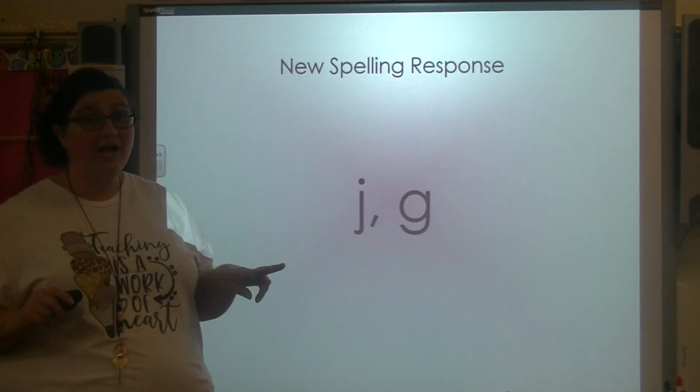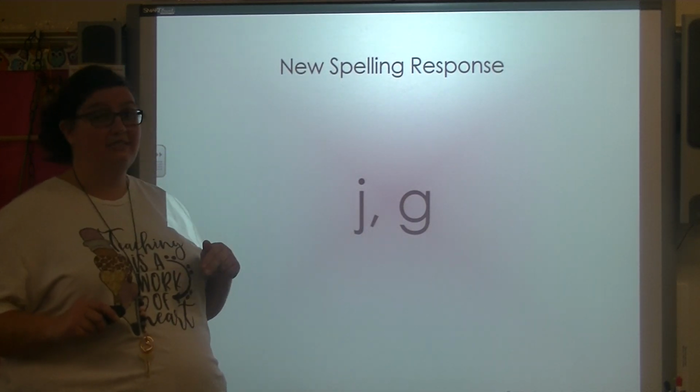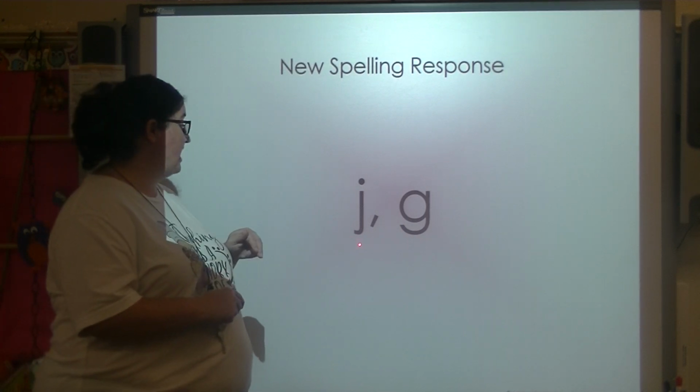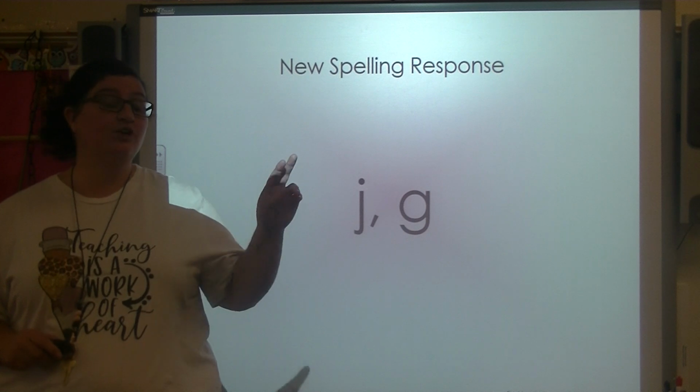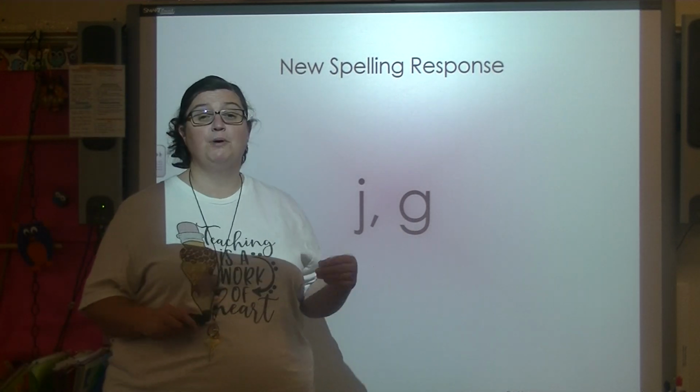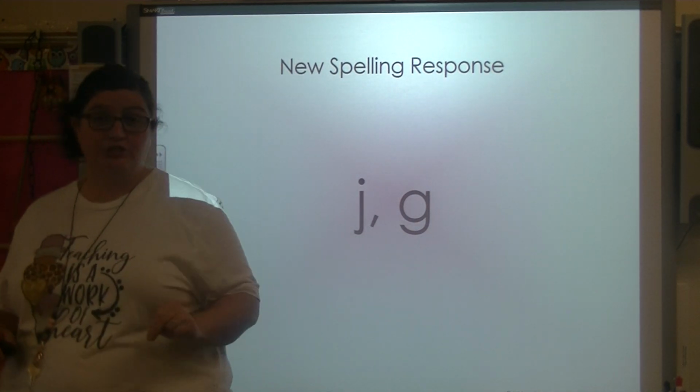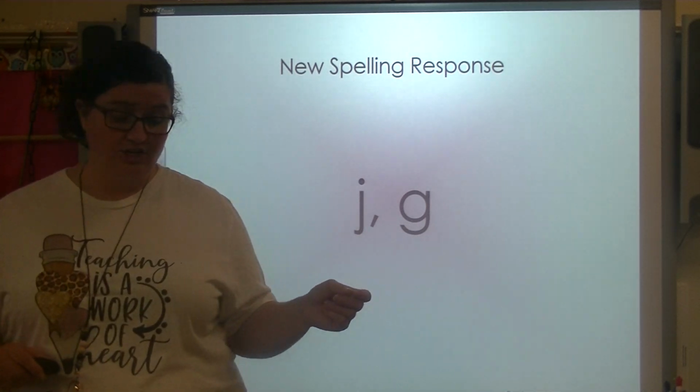All right, there are two ways now to spell the J sound. J or G. So when we write it, you'll write J, comma, G. Both are ways to spell the J sound in the initial position.